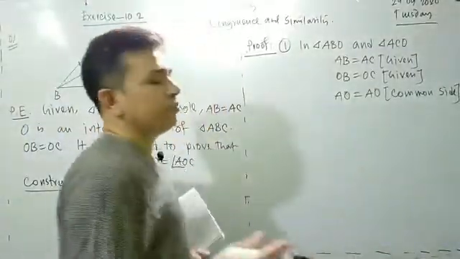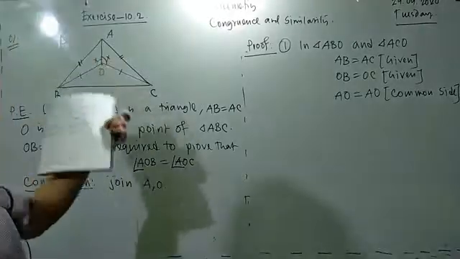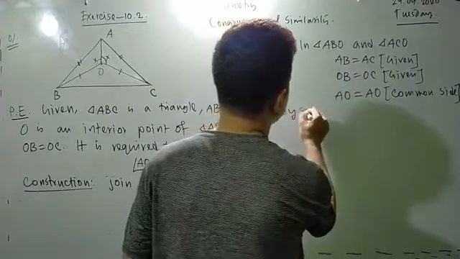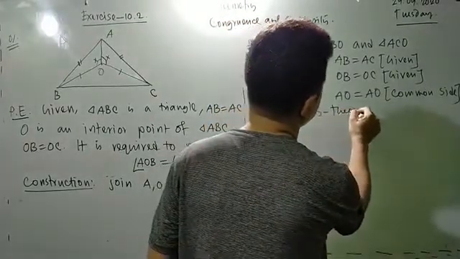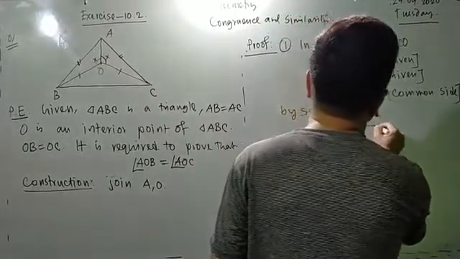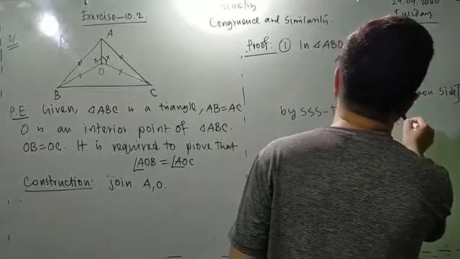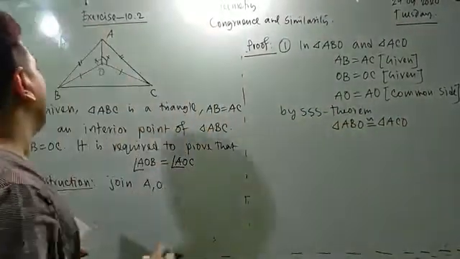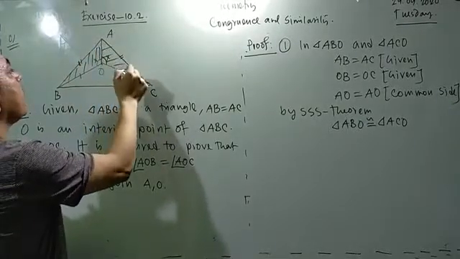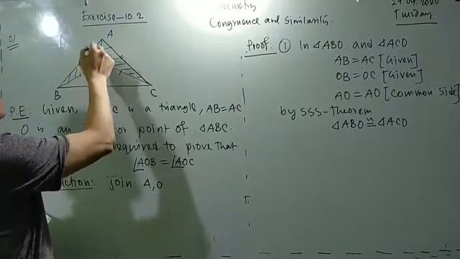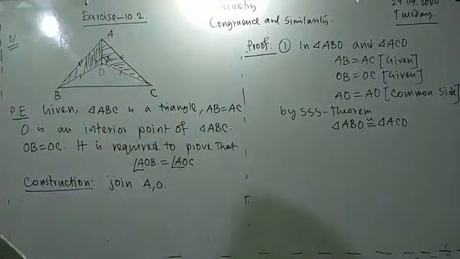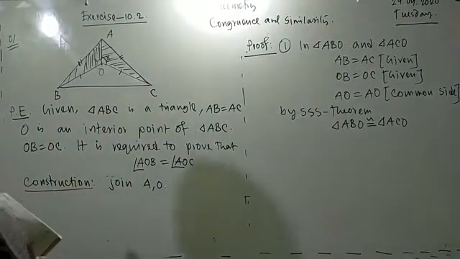So look at that here. Three sides are equal. Three corresponding sides are equal to three corresponding sides of the other triangle. So by the SSS theorem, triangle ABO is congruent to triangle ACO.